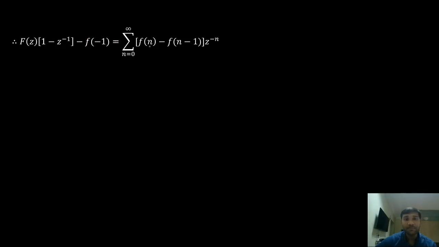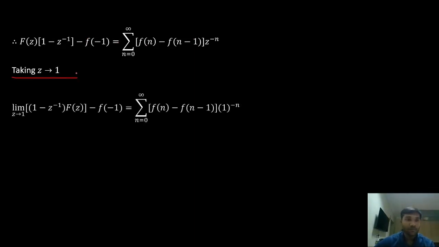On the right hand side I have this. Now I'll take limit z tends to 1. If I substitute z equals 1 on the right hand side, this expression goes to 1, since 1 to the power anything is 1.